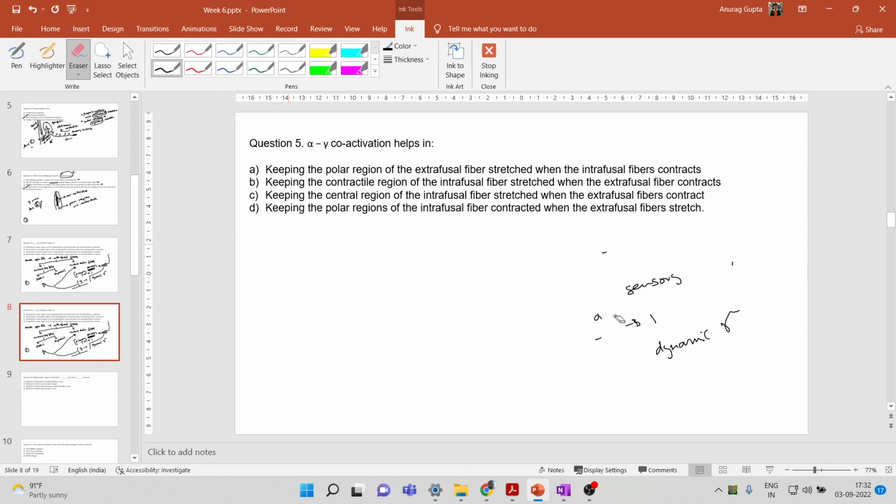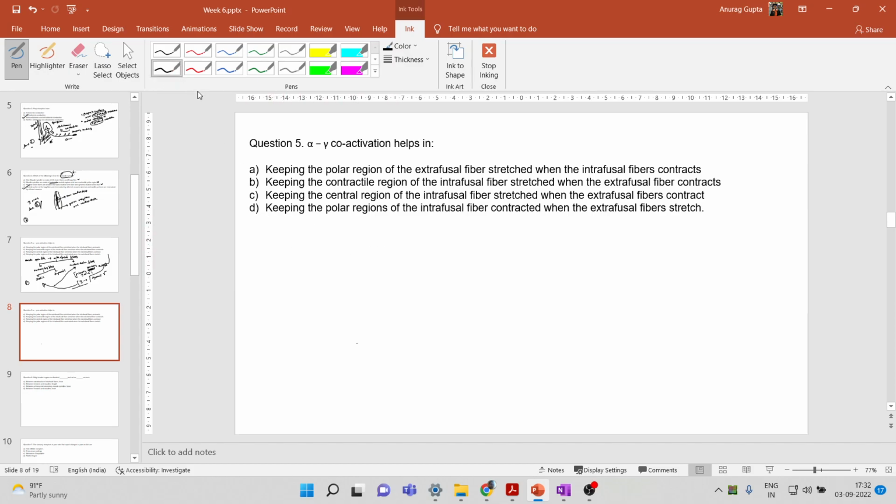This is a tricky concept. Muscle spindles have many things associated with it. It's tricky to remember, but once you get the hang of the hierarchy, what is innervating what, then it's a cakewalk.